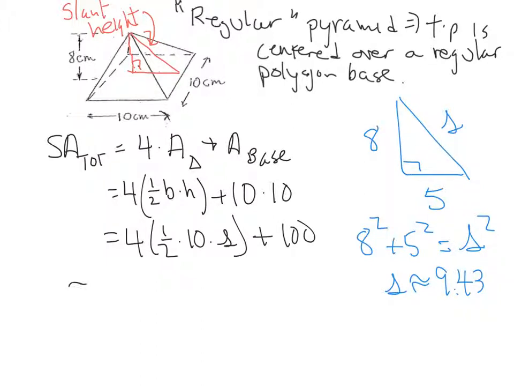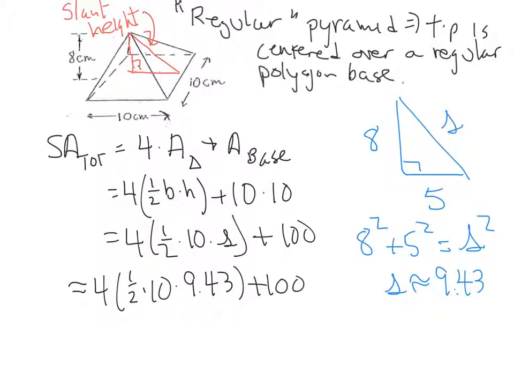Now what we have is something that we can fill in easily. So the surface area is approximately 4 times 1/2 times 10, and of course I could be simplifying that right away, but I'm just going to leave the numbers for now, plus 100.